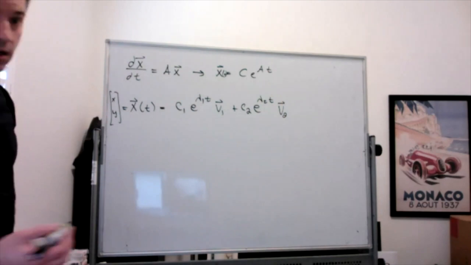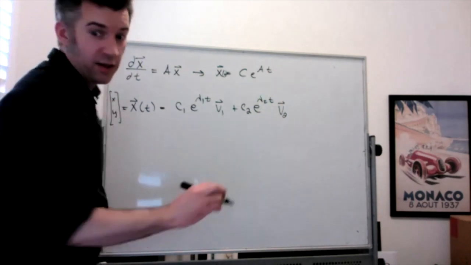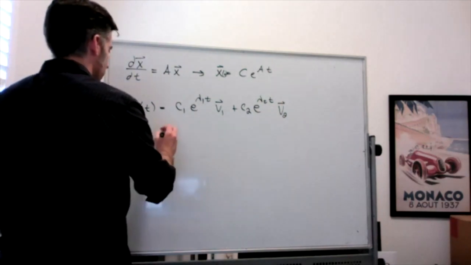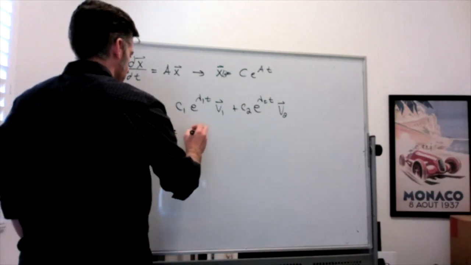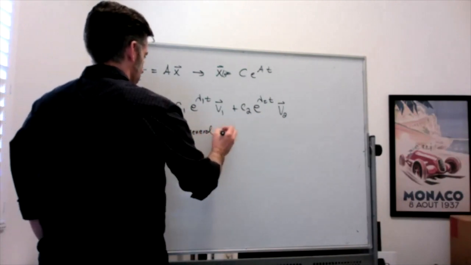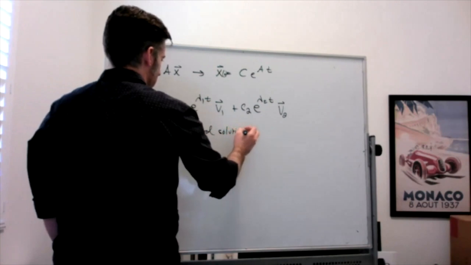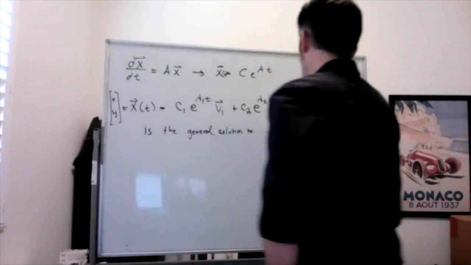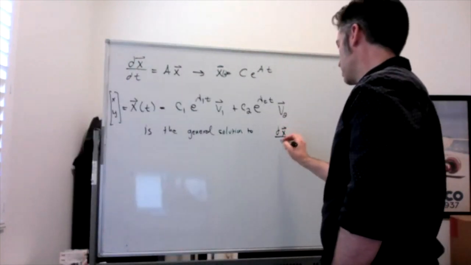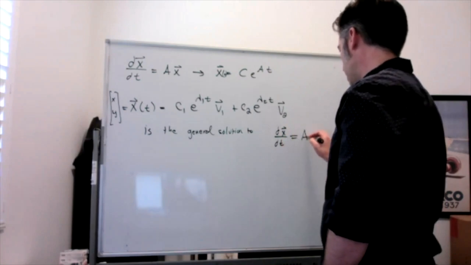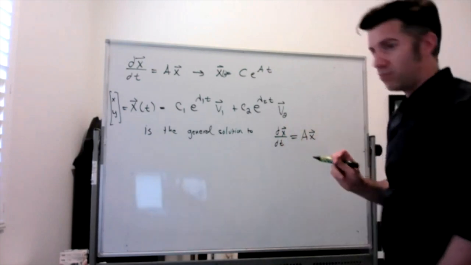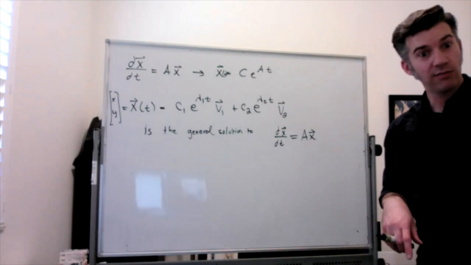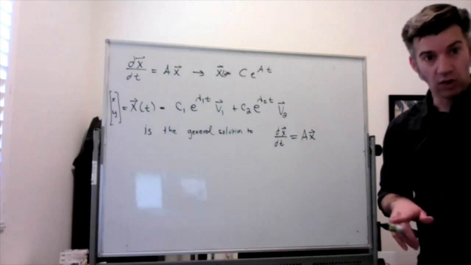And we're going to check it right now, this is the general solution to the equation dx/dt equals a times x. How about that? Let me show you.